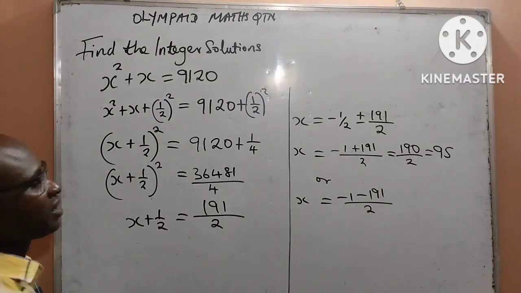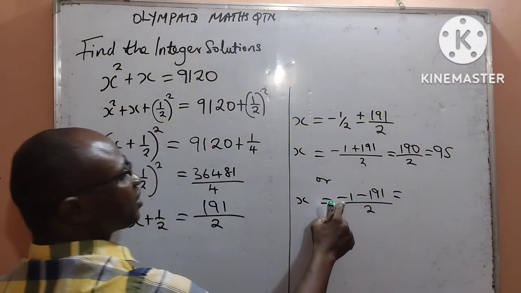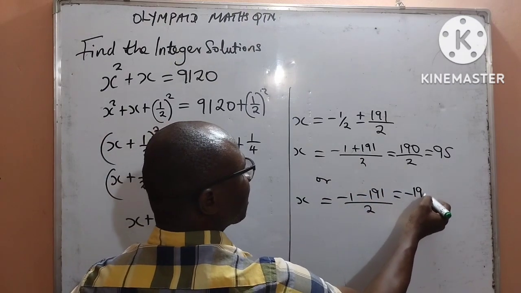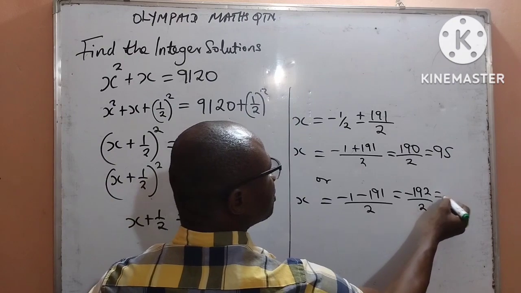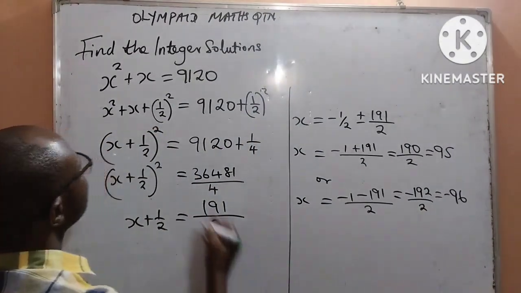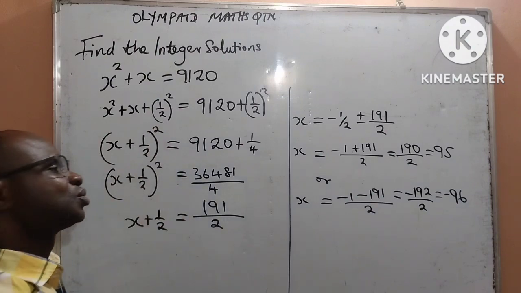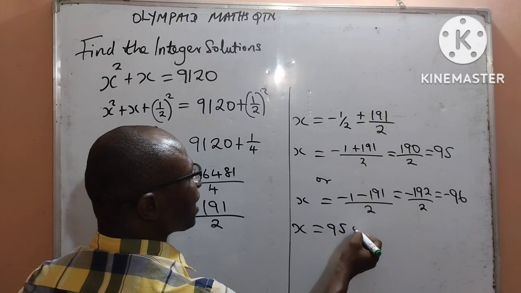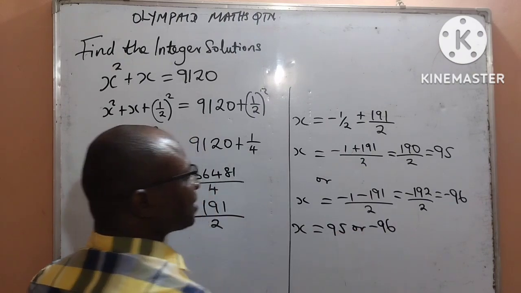Beautiful. Secondly, -1 - 191 shall give me -192 divided by 2, which is -96. We can now come to a conclusion that the two solutions, that is the two roots of the equation, are x = 95 or -96.